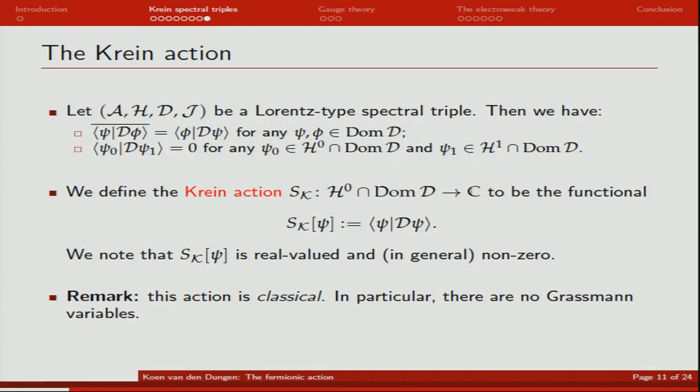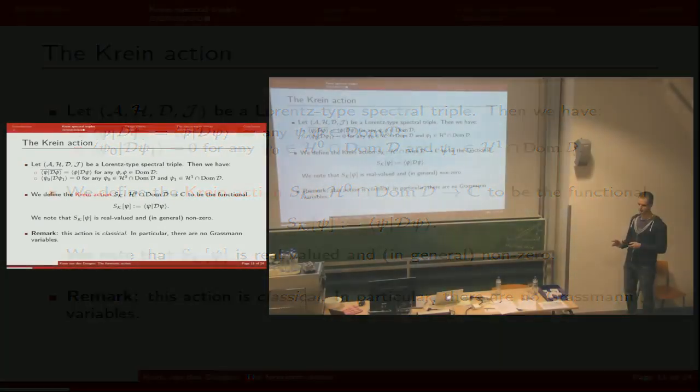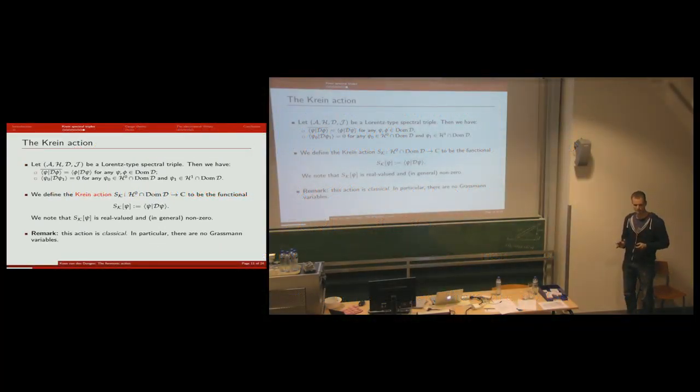One other thing I'd like to point out is that this is entirely a classical action, in the sense that I do not require psi to be a Grassmann variable, unlike what John Barrett and Alain Connes do and what was described by Nadir this morning as well. So for me, there's no assumption of Grassmann variables in here. It's just a section of a vector bundle, and that's all.